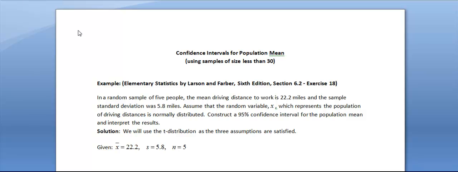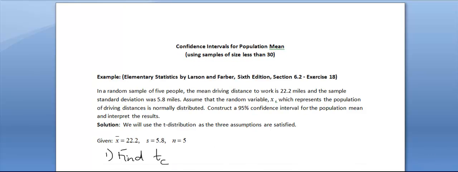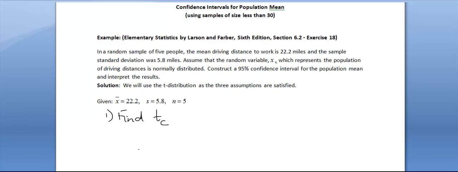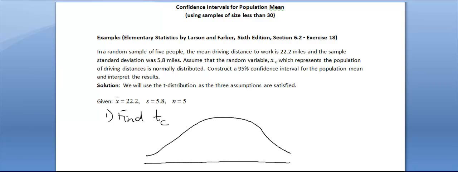Now the first step is to find the TC value, the critical value from our t-distribution. So let's draw the t-distribution and try to understand what we are looking for.